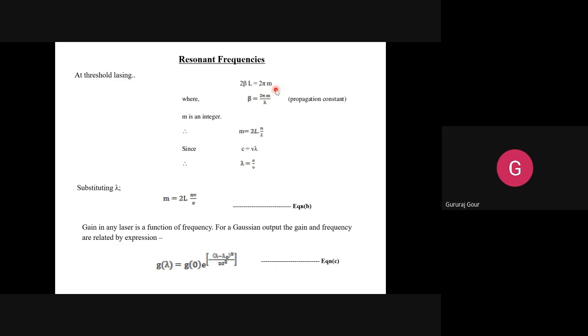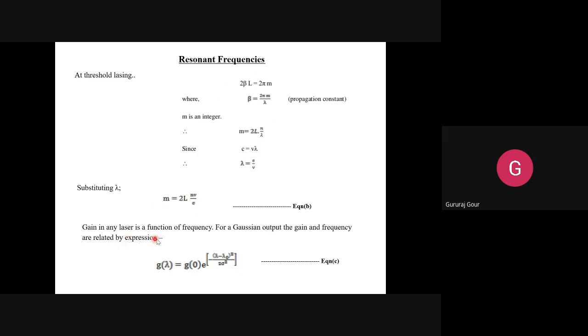From that, if you take that term here, 2 beta L equals 2 pi m, where the propagation constant is given by 2 pi n by lambda, and m is an integer given by 2L into n by lambda. If we substitute c equal to v into lambda, we get the equation for m, the number of modes: m equals 2L into nv by c. This equation you have to remember, along with the starting lasing condition 2 beta L equals 2 pi m.